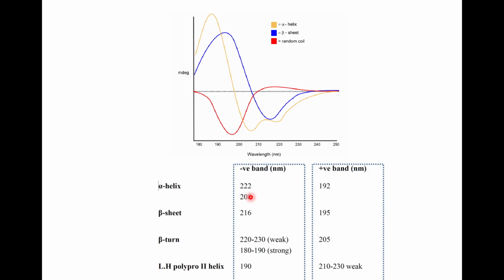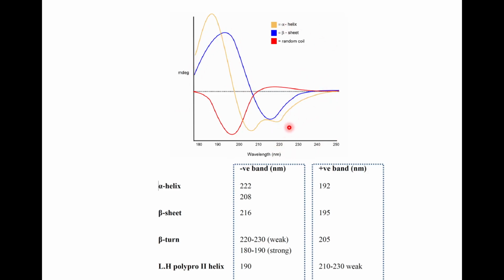What I wanted to show you is that for different secondary structures of a protein, like alpha helix, beta sheet, and random coil, you have a characteristic CD spectroscopy pattern. For beta sheet, you have two different bands, with peaks in millidegrees at two different wavelengths.